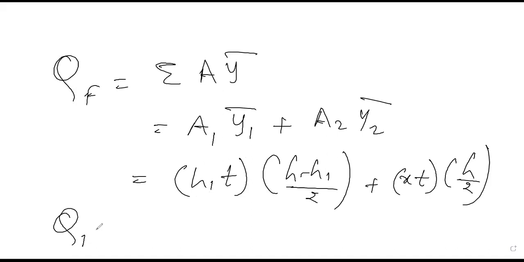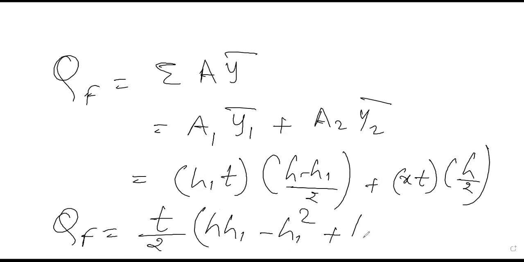So QF is equal to T by 2 (H H1 minus H1 square plus H X). This is the value of QF, and the range of X is 0 to B.